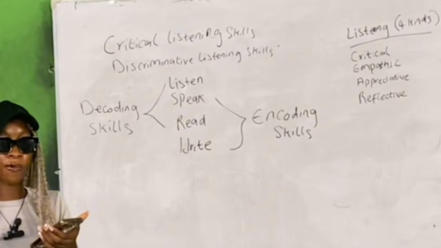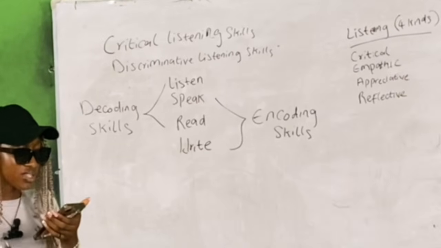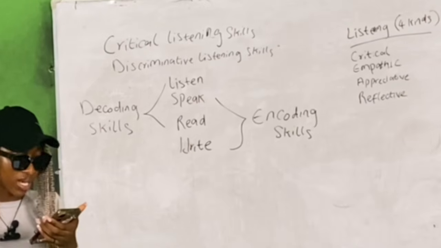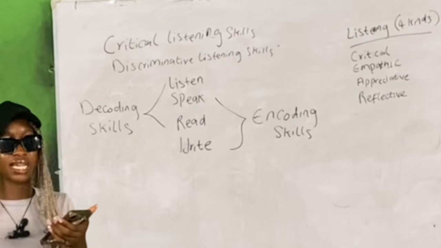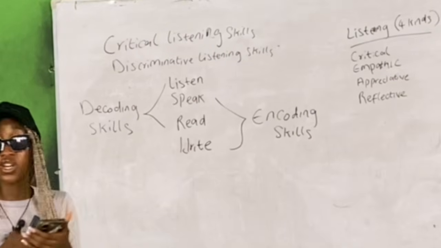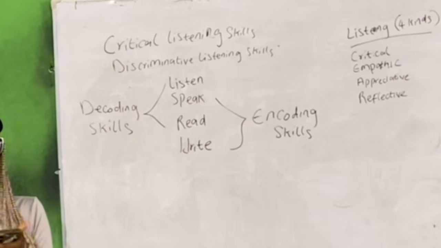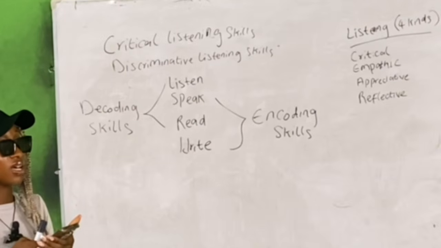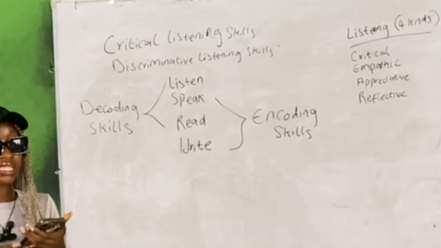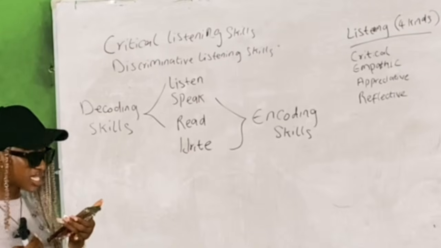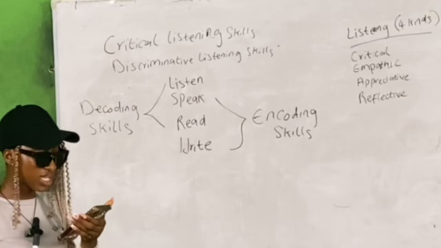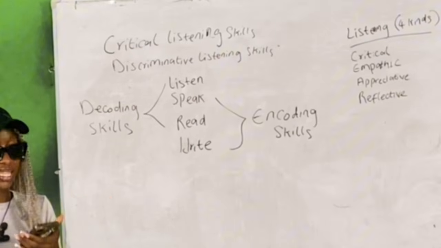So the question can come as dash entails the ability to identify and correctly interpret words which the printed symbols represent. That's reading. Do you understand? I'm hearing no. I should repeat myself. Thank you.